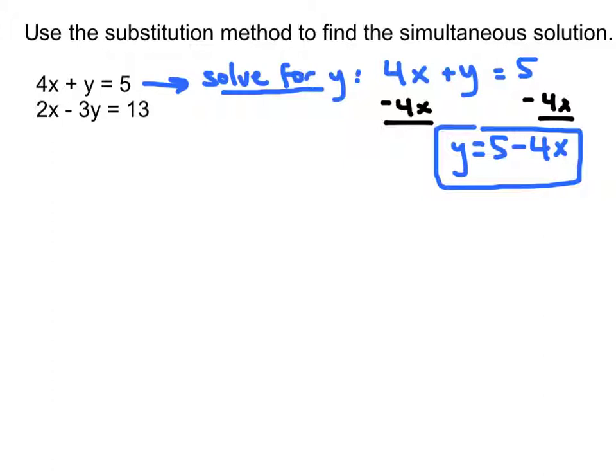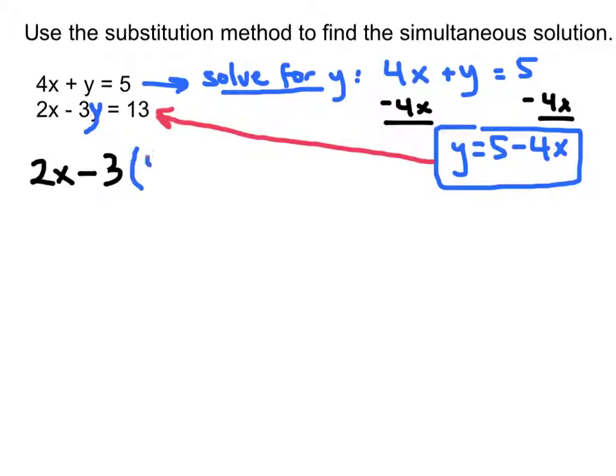If we plug this back into the second equation, remember that you will be substituting in for y this time. So our equation 2x minus 3, instead of being multiplied by y, we're going to replace y with 5 minus 4x.